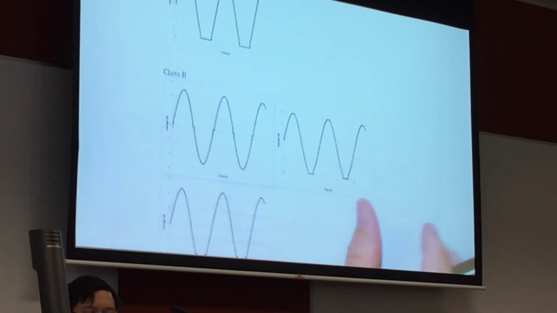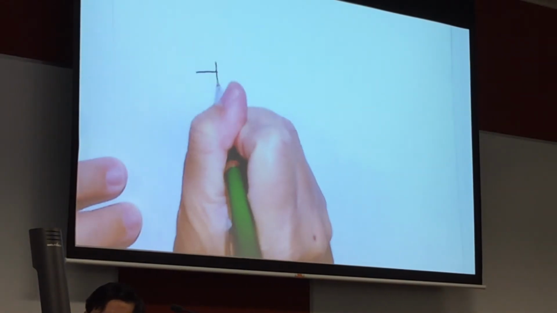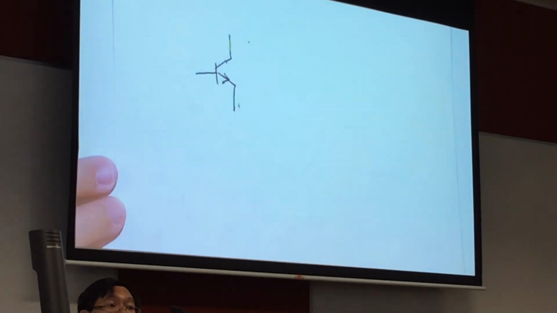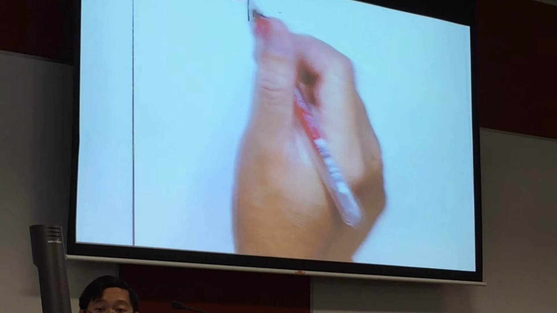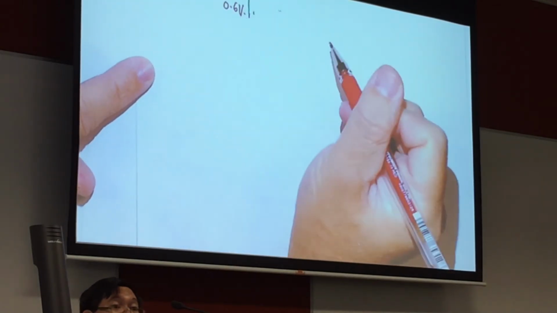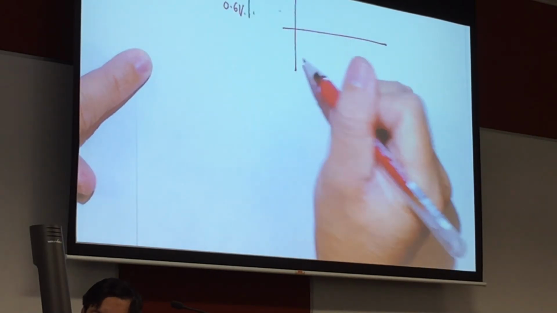Now, class A, if you look at your amplifier class, this is a BJT. For a BJT to work, this junction needs to be forward biased, and you need to at least have 0.6 volt. So supposing this is my signal.